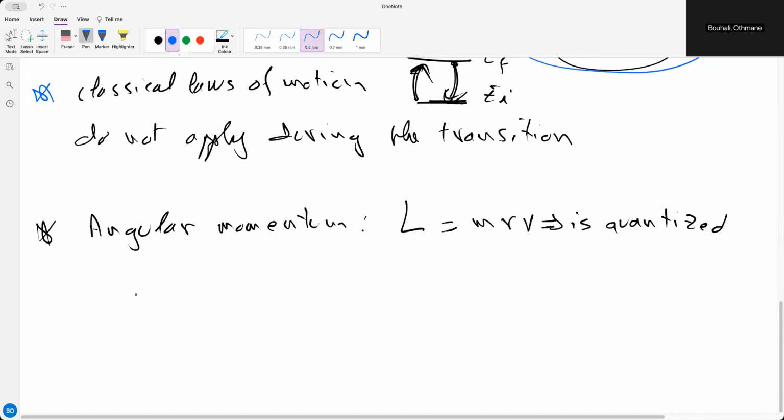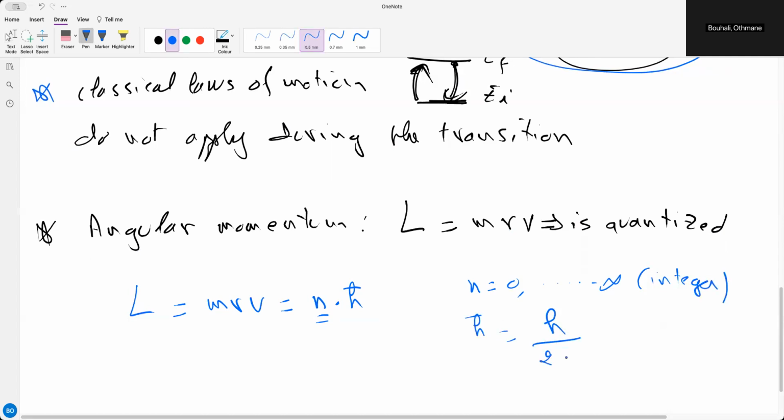In fact, he determined this value: L is equal to mrv, which is equal to an integer number n times a value called h bar. n is an integer that goes from 0 until infinity, and h bar is just the Planck's constant divided by 2 pi, the reduced Planck's constant.